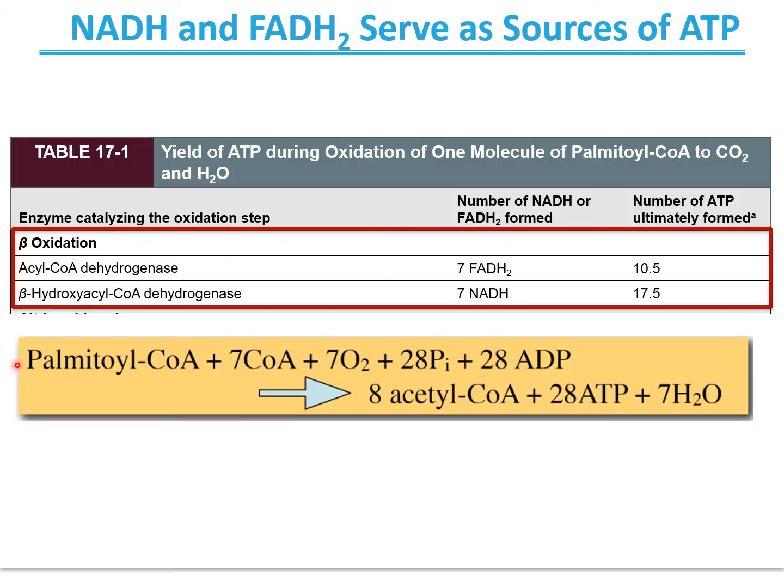So all in all, 1 palmitoyl CoA will generate 8 acetyl CoA, in addition to 7 FADH2 and 7 NADH. These will generate 10.5 plus 17.5 ATP, so altogether 28 ATPs, plus 16 molecules of water. So fatty acid catabolism generates not only energy but also water.